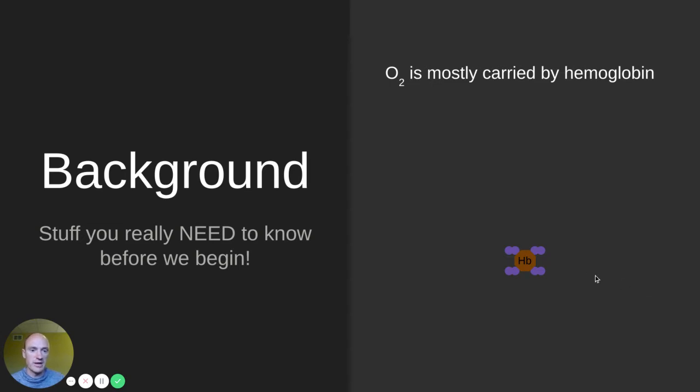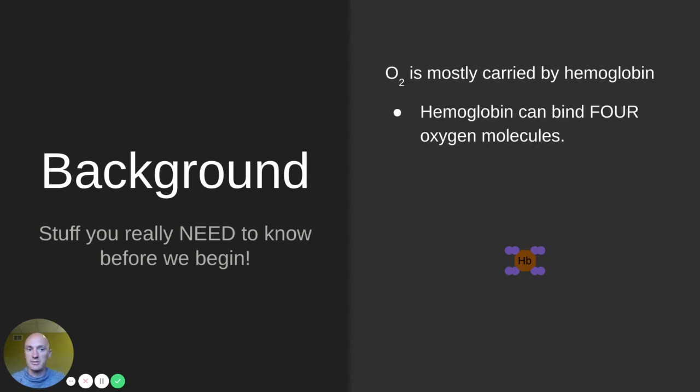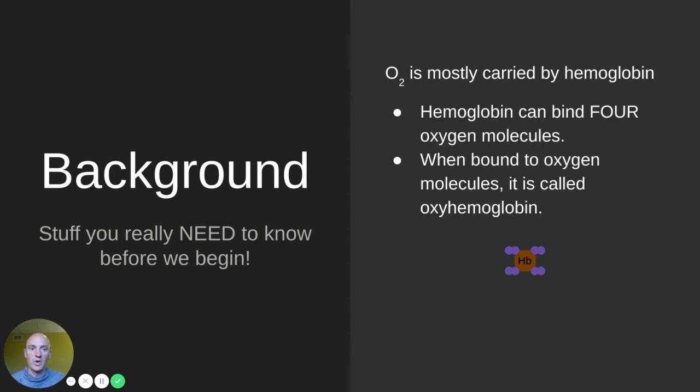You can see how it's bound to 4 different oxygen molecules. So oxygen is mostly carried by hemoglobin, and hemoglobin can bind 4 oxygen molecules. When bound to those oxygen molecules, it's called oxyhemoglobin. Pretty easy, right?